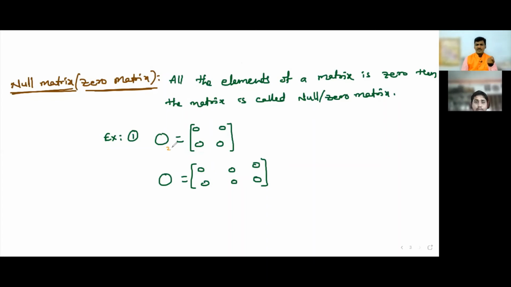For example, if all the matrices are of order 2 by 2, then we take 2 by 2. If the given matrices are 2 by 3, 2 rows and 3 columns, based on requirement we take the particular ordered matrix. That is the null or zero matrix.